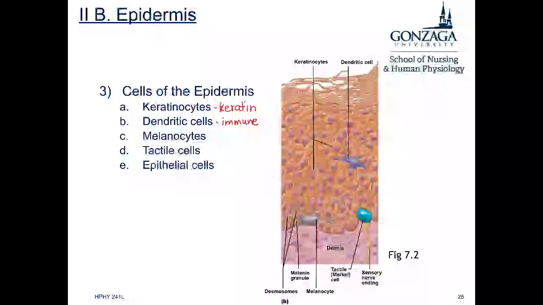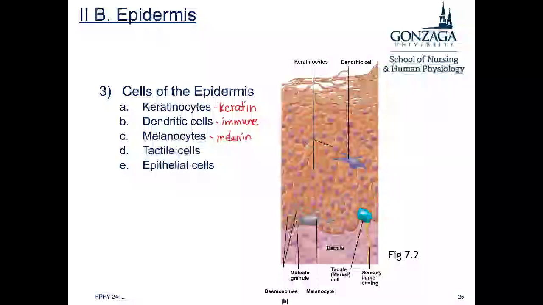The next are melanocytes, which secrete a pigment called melanin. Okay, and melanin down here is this pigment, and it acts like an umbrella layer to these cells on the most interior layer and prevents them from damage by the sun.